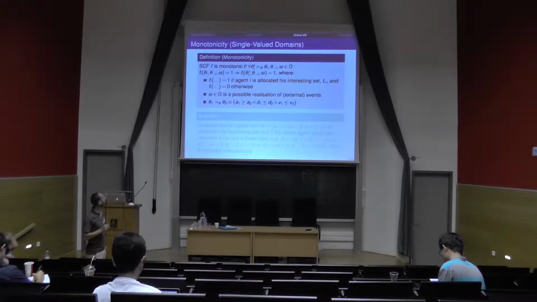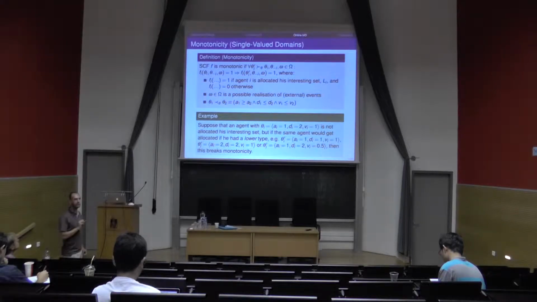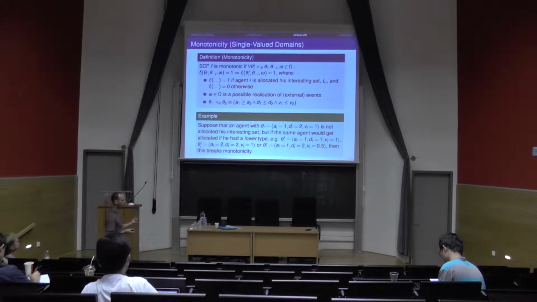There's an ordering given here, which is unfortunately easier to present as smaller than, but it's what I said before. So you have a better type if you have early arrival, later departure, or high value.